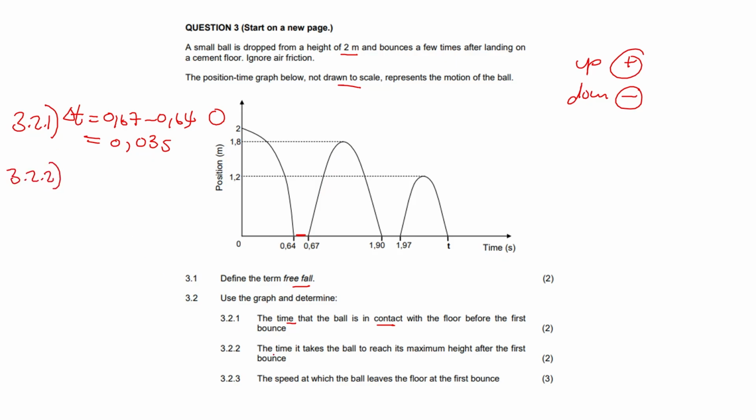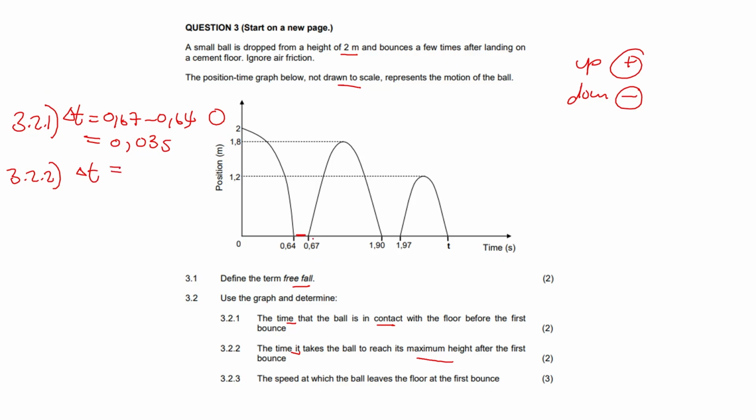3.2.2, the time it takes the ball to reach its maximum height after the first bounce. So after the first bounce, right there. How do we calculate that time? All right, so we can say the change in time.